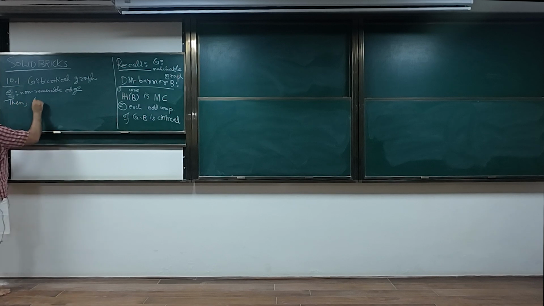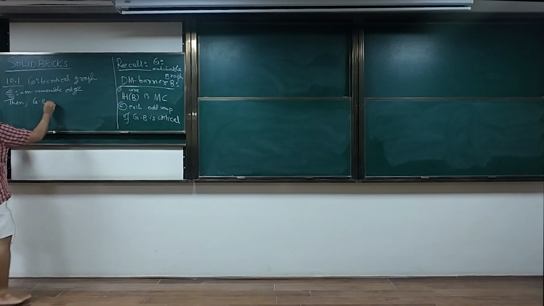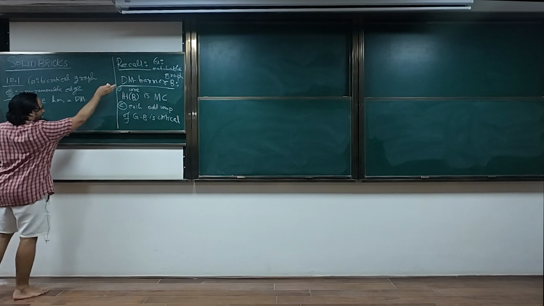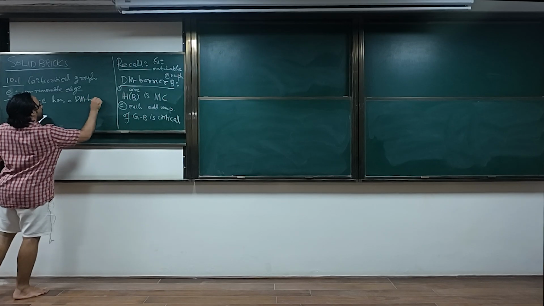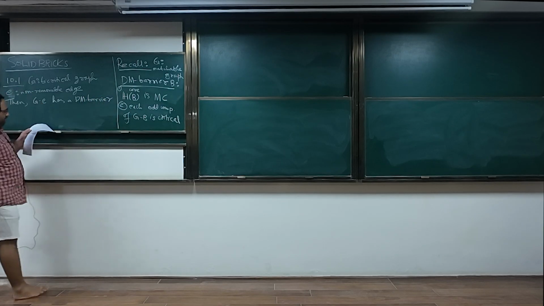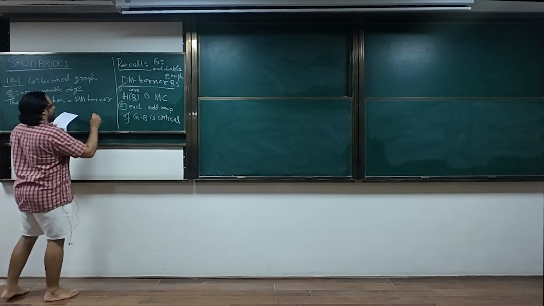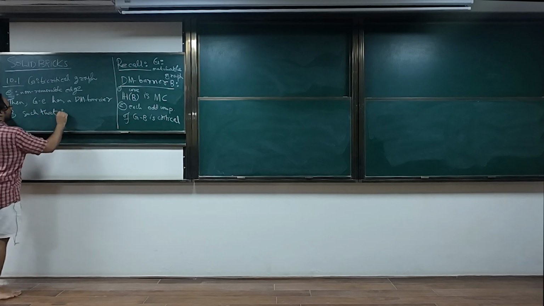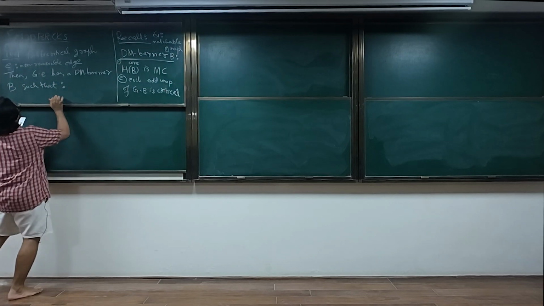Then G minus E has a Dulmage-Mendelsohn barrier with some nice properties, more than what is already there. Let me just make a drawing.